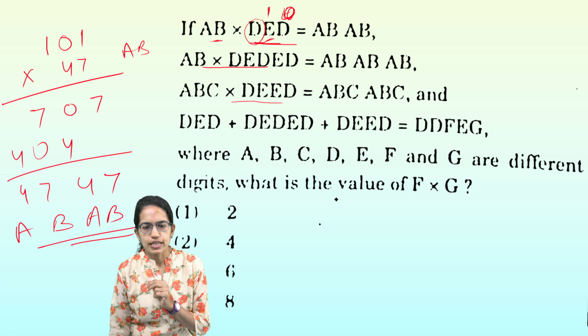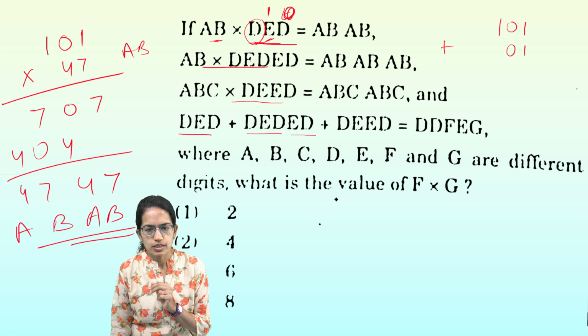Now it says DED plus DEDED. Okay, so 101 plus 10101 plus 1001, that is DED, right? So it is 1001.